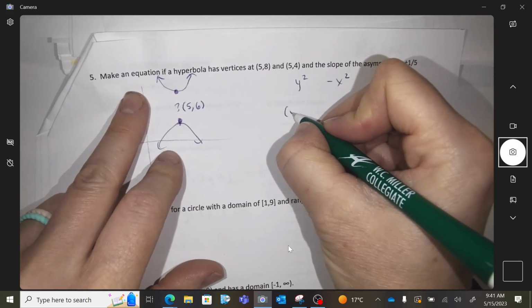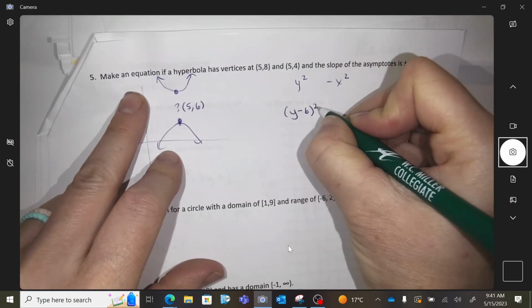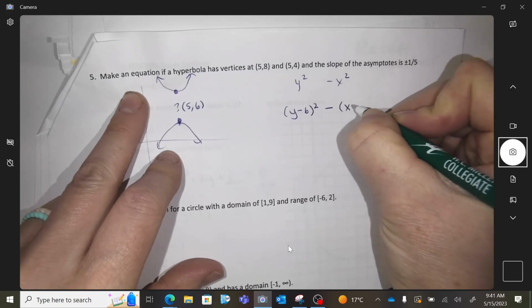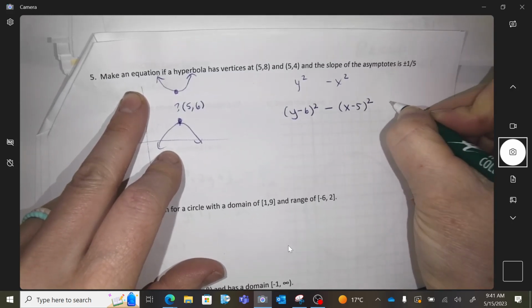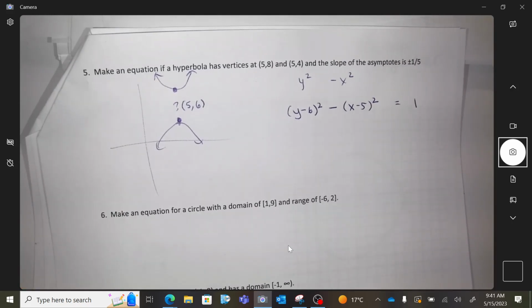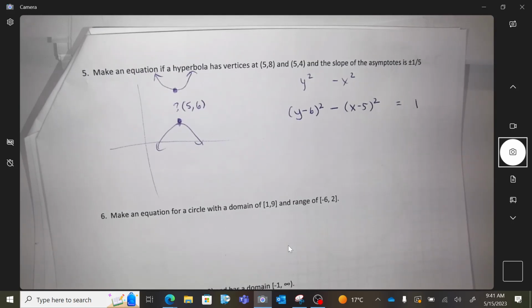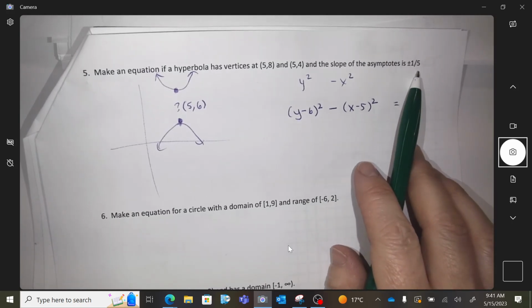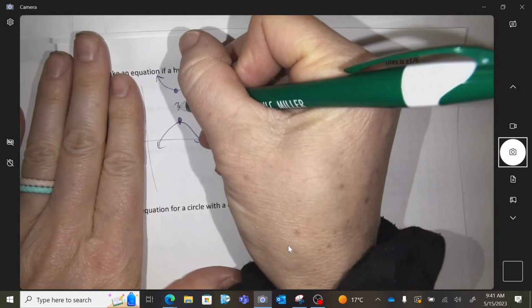So I'm going to go y minus 6 squared, x minus 5 squared. Okay, so far the first thing I did was say which one is positive, which one's subtracting, and then the center. Okay, and then the slope is 1/5, but let's see here.